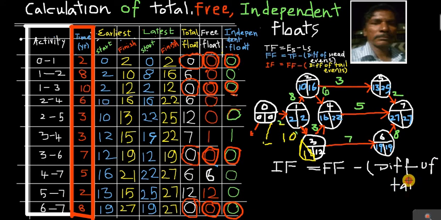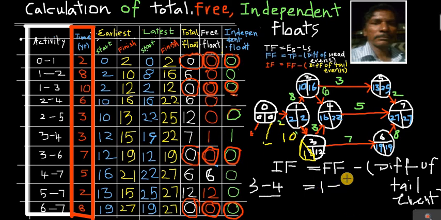Difference means the difference between latest time and earliest time. Now which activity do we need? 3 to 4. What's the formula? Free float. So for 3 to 4 the free float is 1.